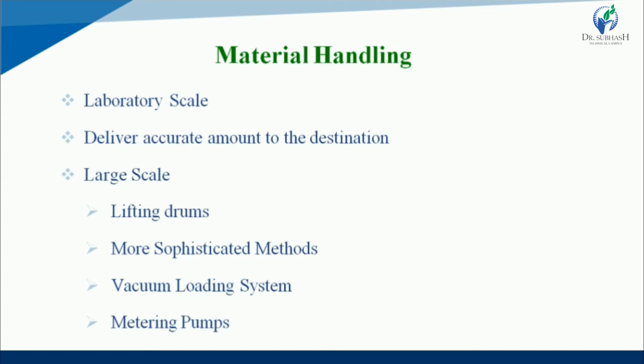So, in material handling, at laboratory scale or small scale, deliver the accurate amount at the specific site or specific place, while at a large scale, lifting drums is required. More sophisticated methods are used for dosage form preparation. A vacuum loading system is used and a metering pump is required.